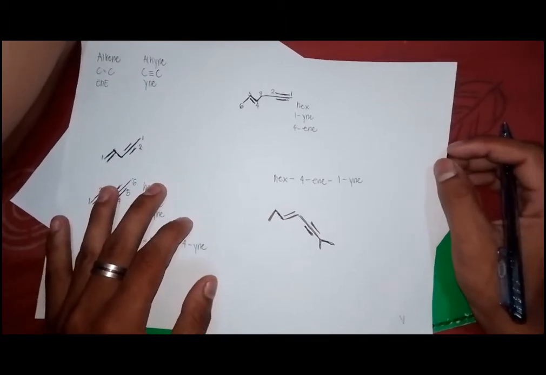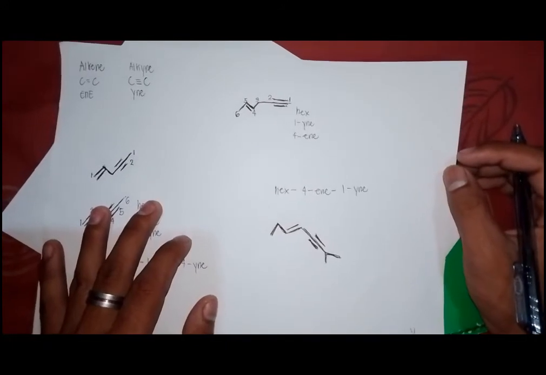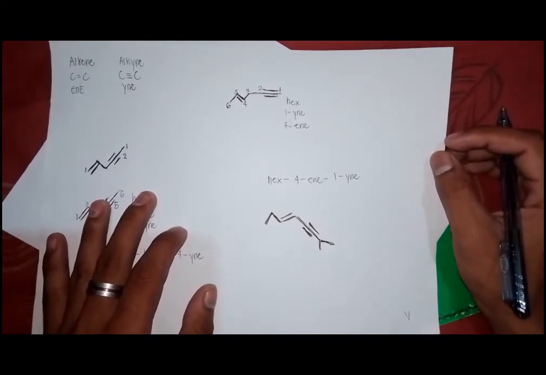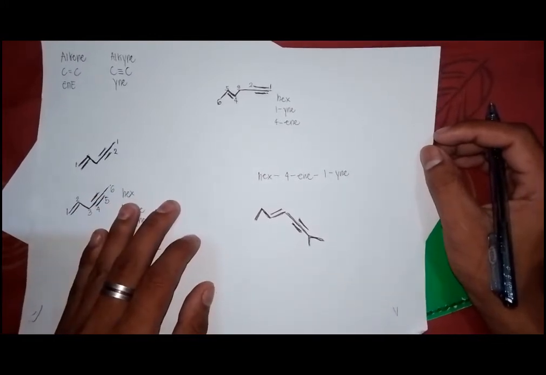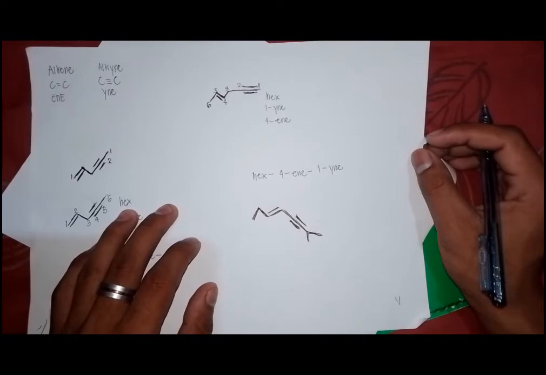You have to number the chain so that the substituent gets the lowest number. In this case, I have to start numbering from the right because I have a methyl group on the second carbon.